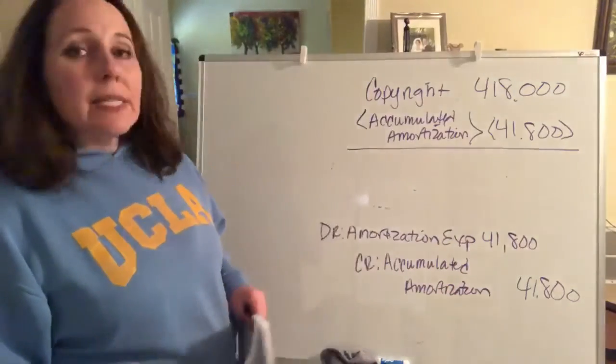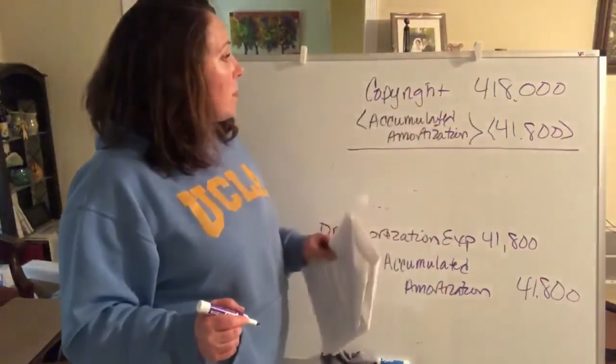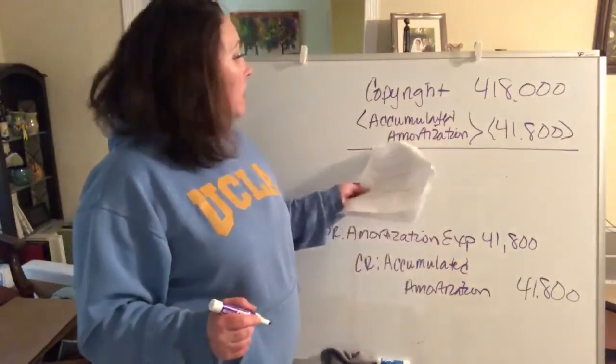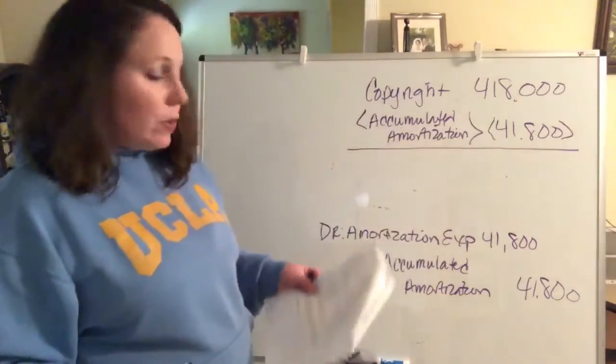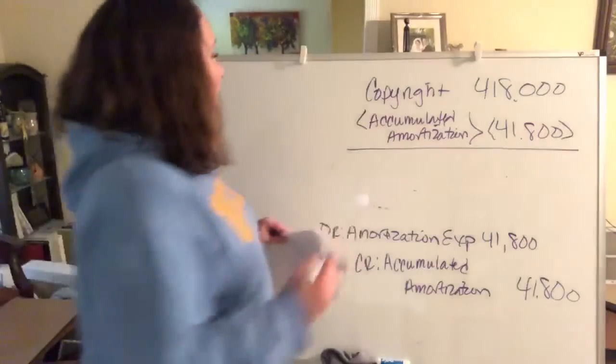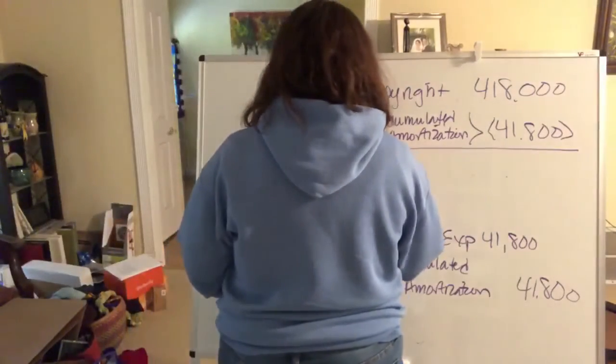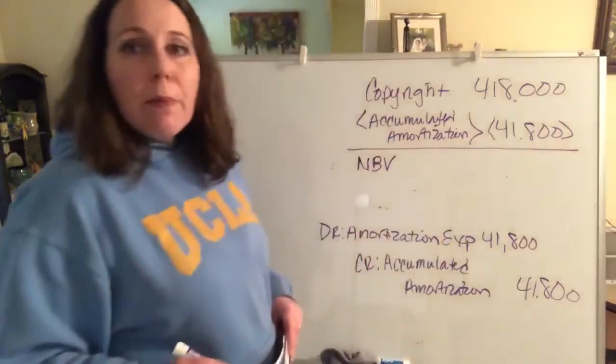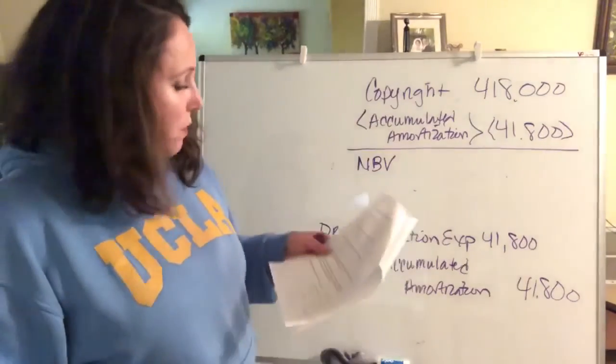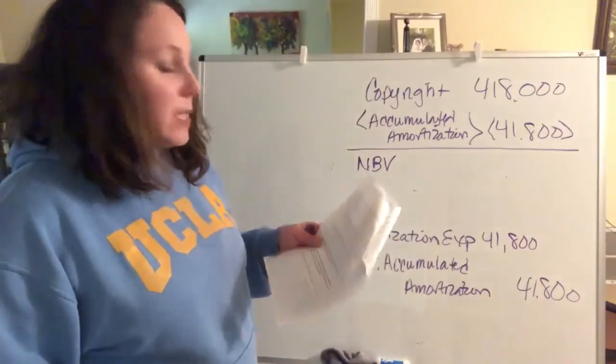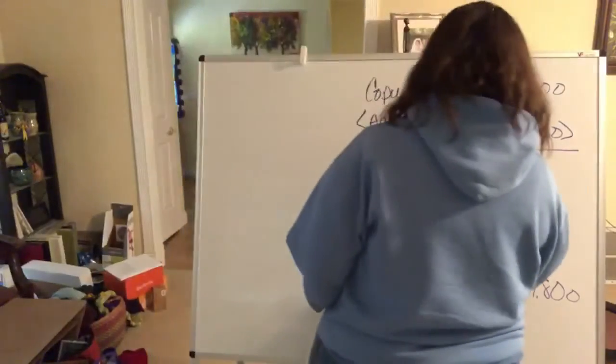So I take 418,000, which is what the copyright's on my books at. I subtract my accumulated amortization, which after the first year is 41,800. And so my net book value, NBV stands for net book value, is 376,200.